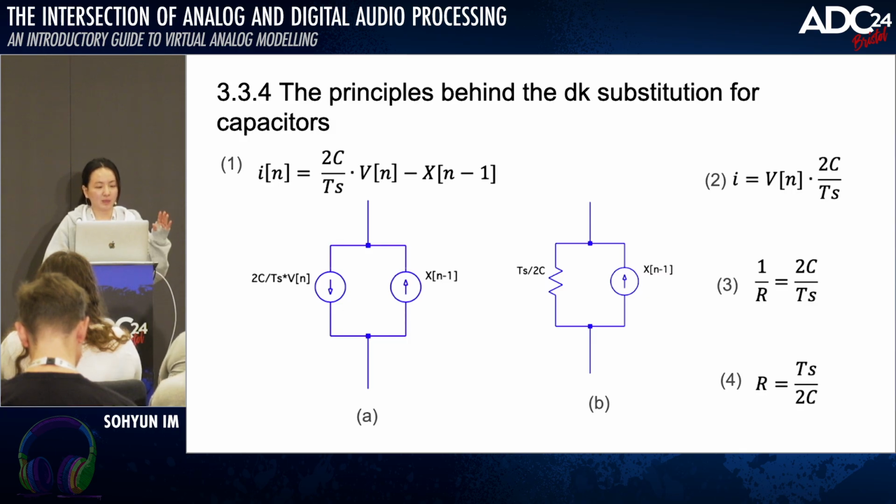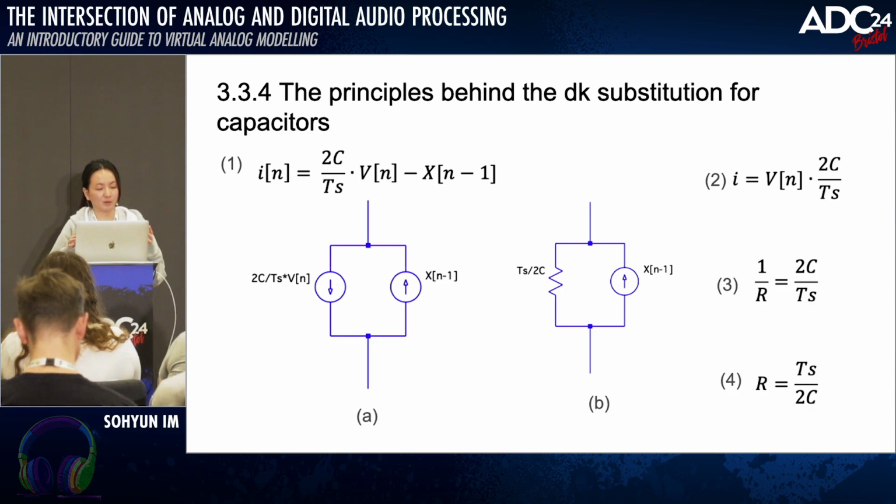So finally, we can substitute one capacitor in our circuit with one resistance, which has the value of Ts, the sampling period, over 2c, and one reversed direction current source, which is our state value, x of n minus 1.